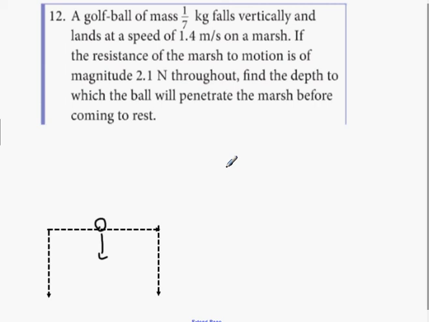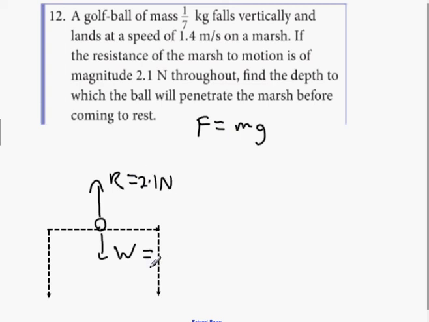The first one is the force of gravity, which is mass by acceleration, but because your acceleration is gravity, it's mg. What is mg? Your weight. The weight of the object acting down and the resistance of the marsh acting upwards. Resistance of the marsh is your 2.1 N, and your weight.